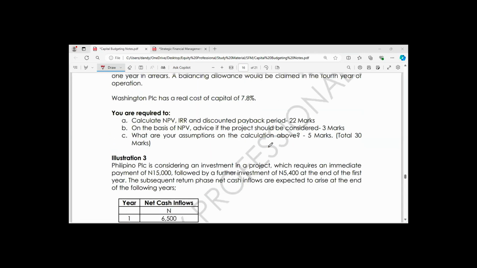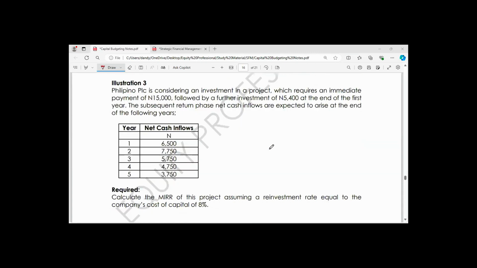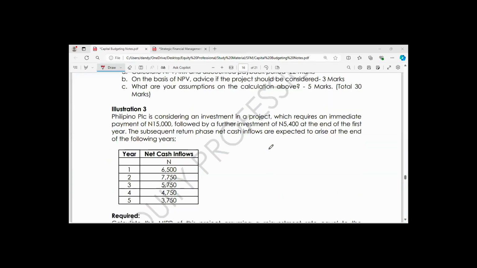So let's go for this illustration number 3. I will read for you. Filipino PLC is considering an investment in a project which requires an immediate payment of 15,000 naira, followed by a further investment of 5,400 naira at the end of the first year.